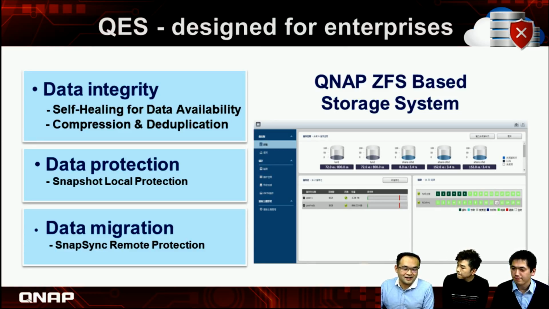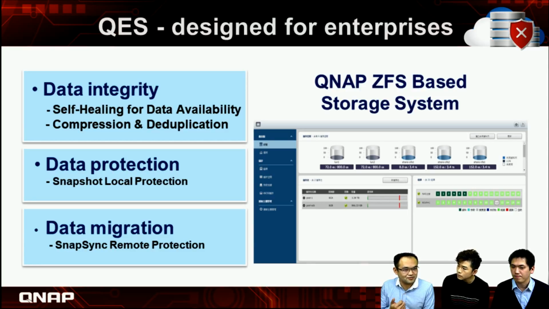Our QNAP QES is designed for enterprise use, and it is a ZFS-based storage system, so it has some advantages. First is data integrity. It can self-heal your data to guarantee the data is correct when you read it from the storage.